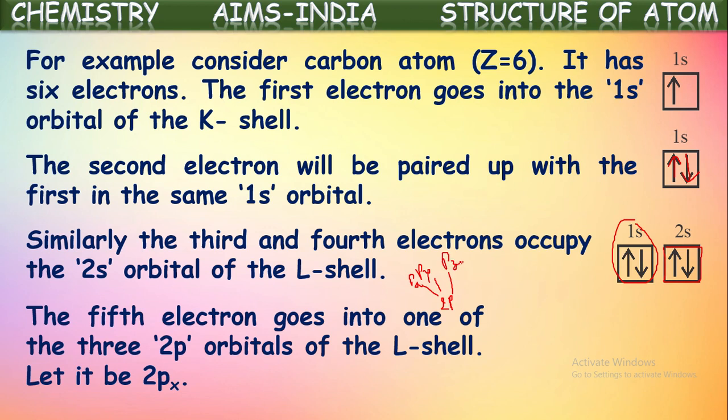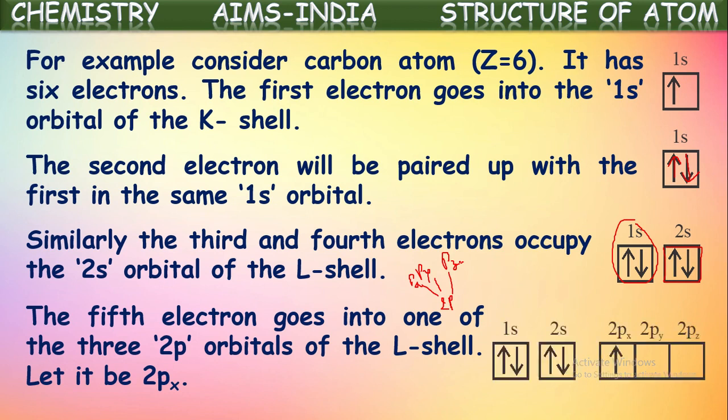The fifth electron will enter one of these, represented as 2px, 2py and 2pz. Let us consider this fifth electron entered the 2px orbital. Diagrammatically: 1s, 2s, and the 2px orbital occupied by the fifth electron.